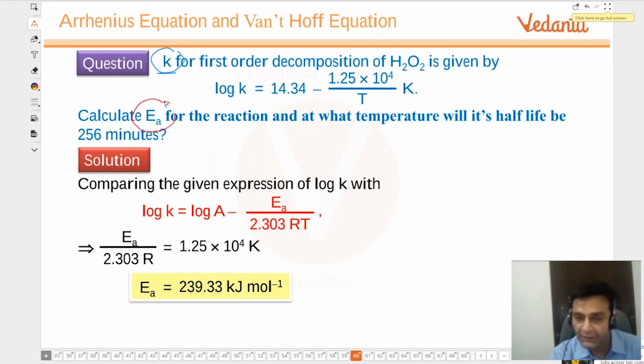Calculate activation energy and at what temperature its half-life time will be 256. It means from the half-life time, I can get the value of the rate constant K. Tell me the formula by which I can get the rate constant K from a half-life time.